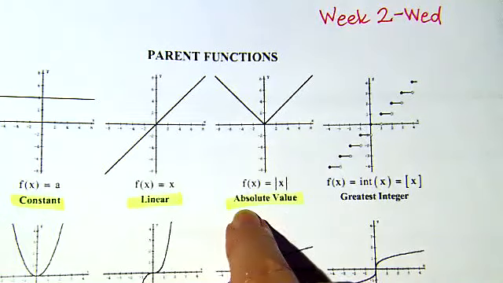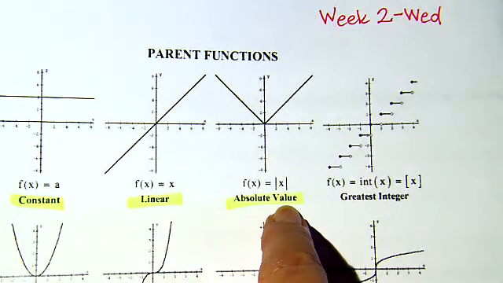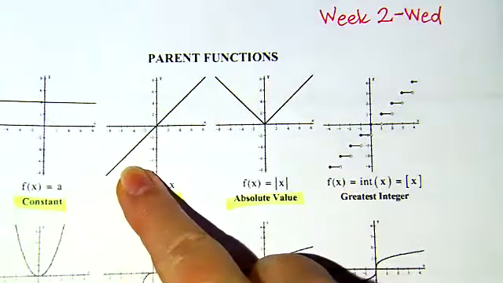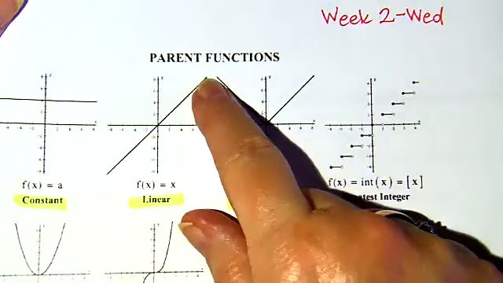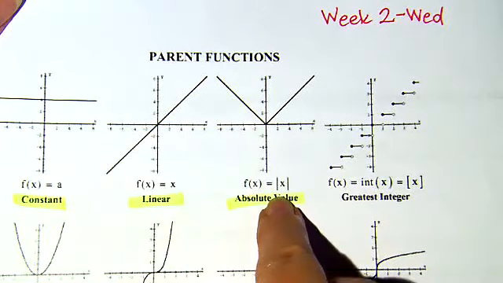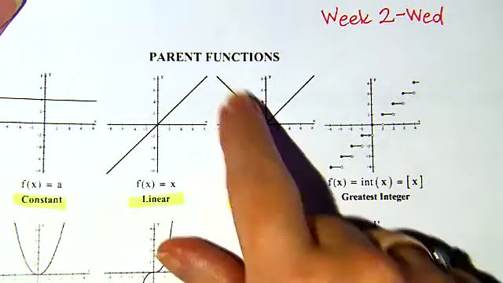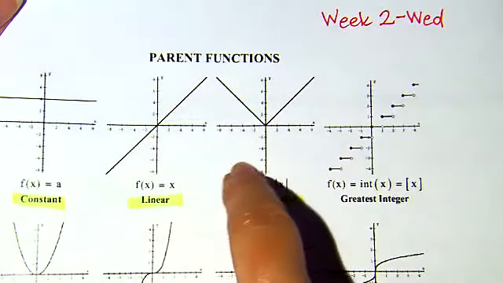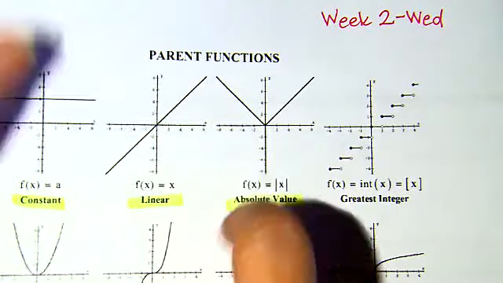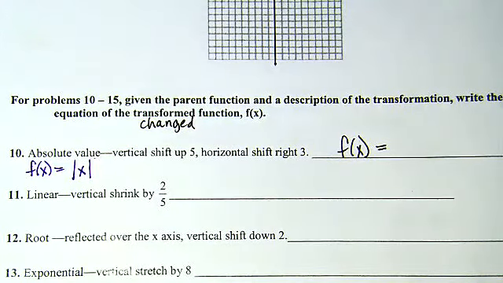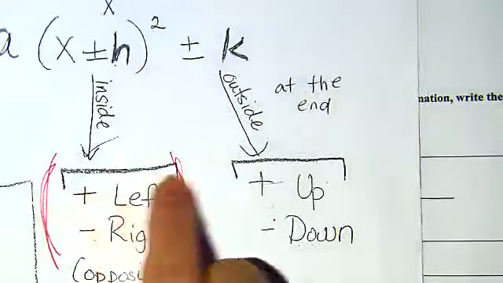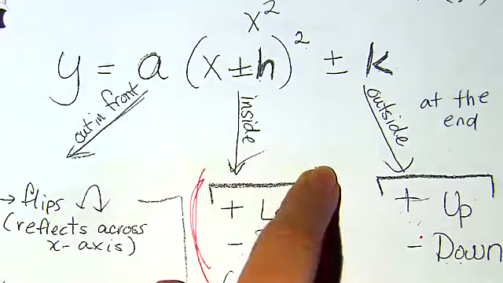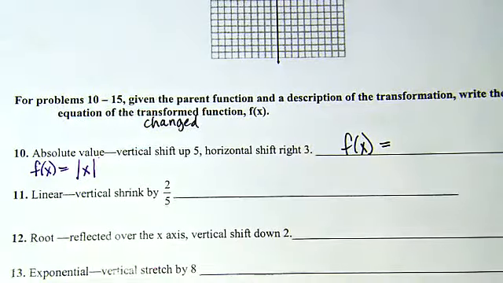But here I see absolute value. I posted this sheet also for you on yesterday's work. So I know that's where the equation starts. Now that tells me about the graph, but we're focusing right now on the equation. You also have a cleaned up, nicer version of this chart that was posted on yesterday's work.